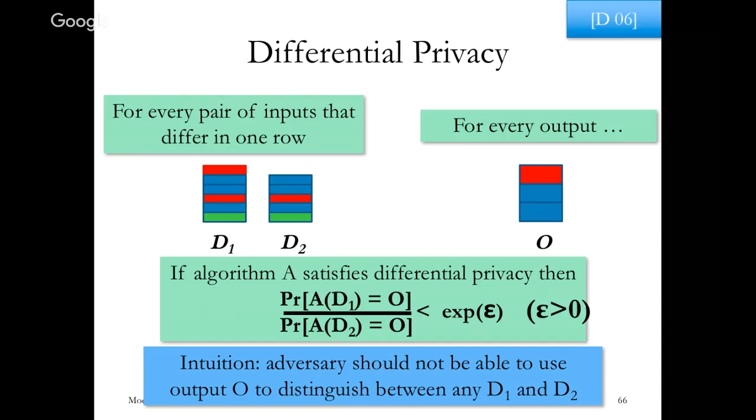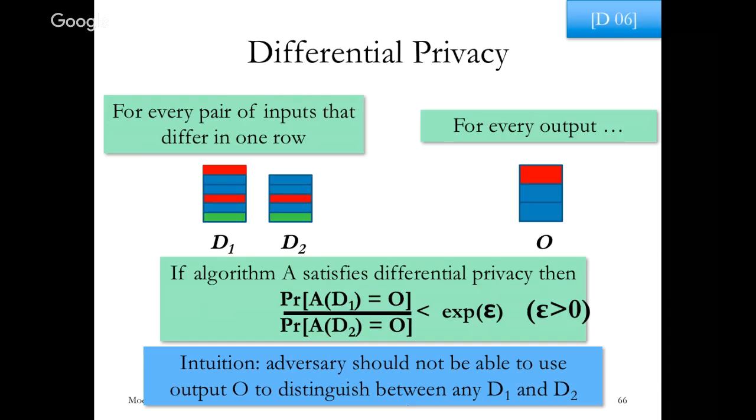Okay. And what the definition of differential privacy requires is that for every pair of inputs that differ by one row, so one record in the database, so D1 and D2, and for every possible output that you could produce, if the algorithm satisfies differential privacy, then the following ratio holds.